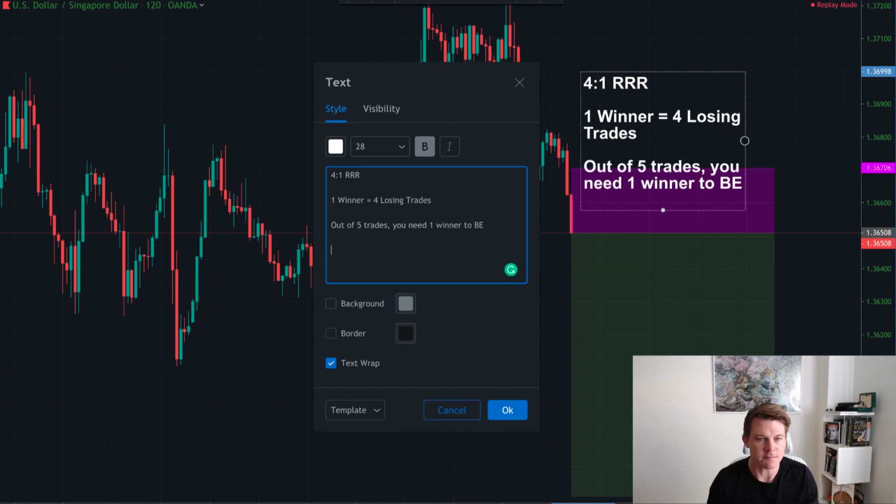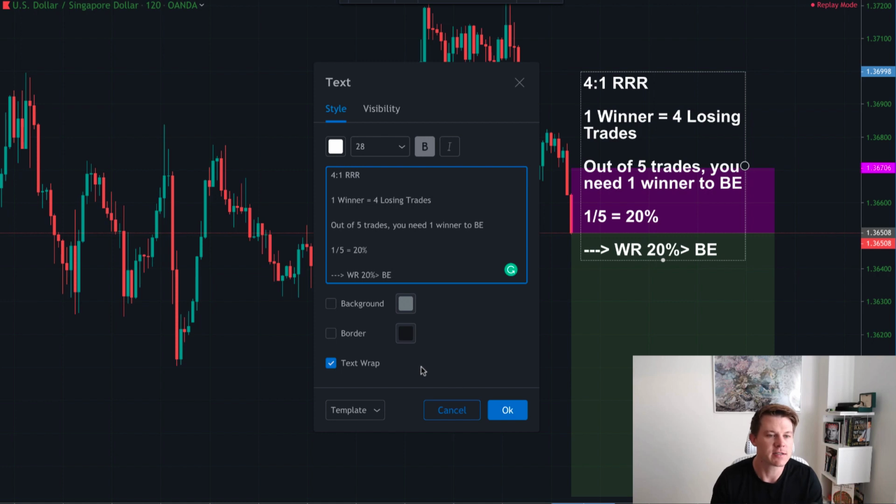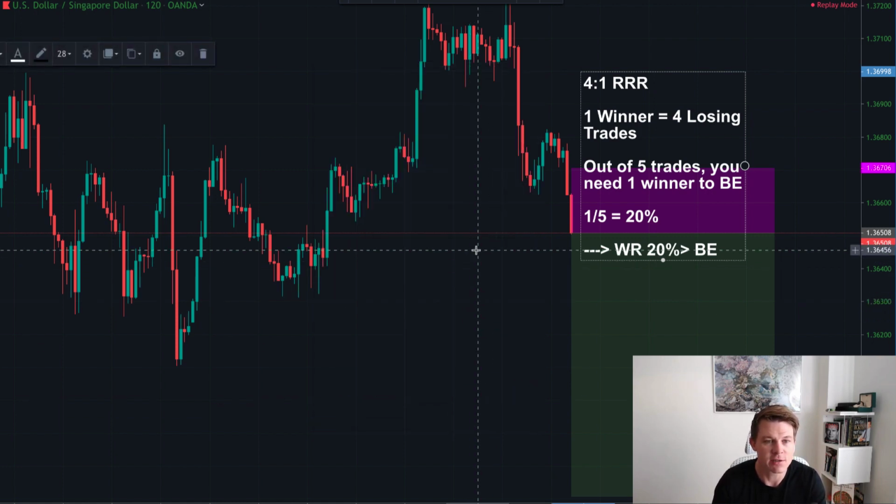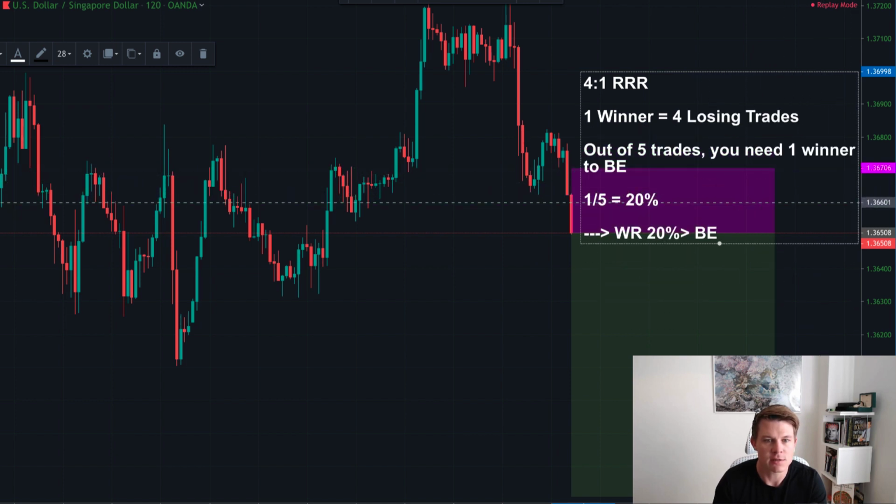It means that 1 out of 5 trades needs to win, and what is that? 20%. This is not as complicated as it may sound at first glance. It means that you need a win rate of 20% or higher to break even. And that's a very important insight to have here. This shows you the power of choosing a reasonable reward to risk ratio.